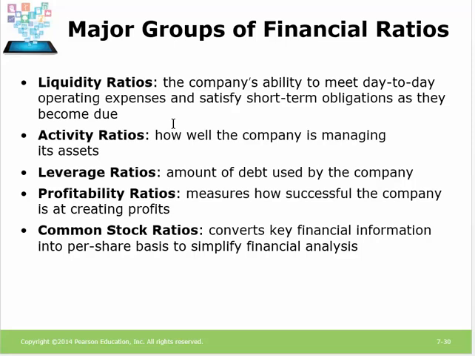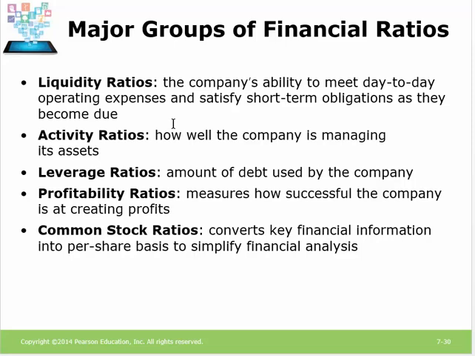How is it managing the amount of assets that it has? We'll look at leverage ratios, talk about the amount of debt the company has. Profitability measures how successful the company is in creating and generating profits. And in the end, we'll look at what are referred to as some common stock ratios. We're going to look at some per share analysis.